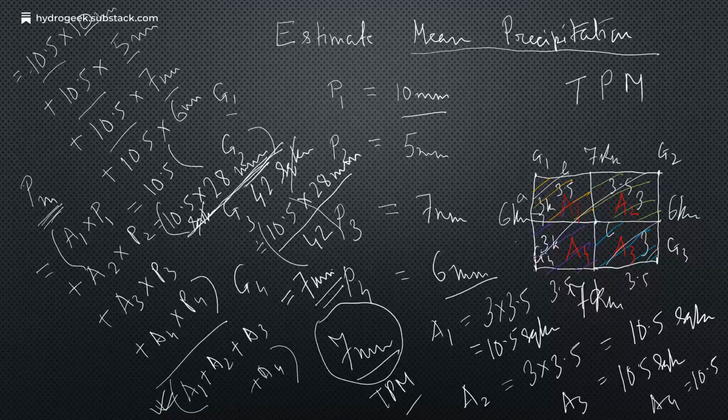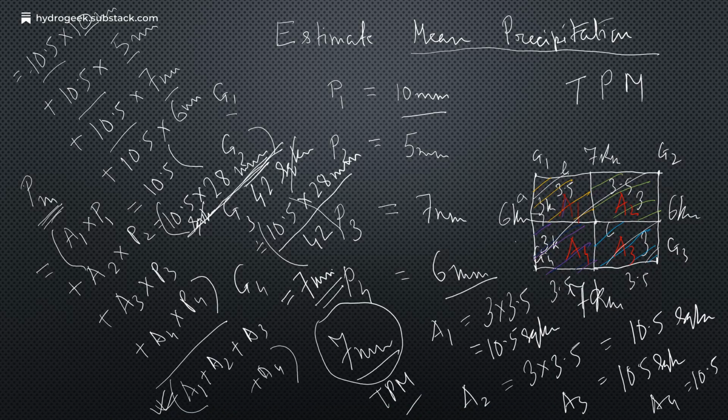So with this, we stop this tutorial. I think you have understood what is TPM. Remember this, the area of the watershed varies with the problem, but the basic procedure is the same. You have to connect adjacent gauge stations with a straight line, and then divide it into equal parts by a perpendicular bisector. And then according to the shape of the polygon, you have to apply the area formula and use this equation that I have discussed.